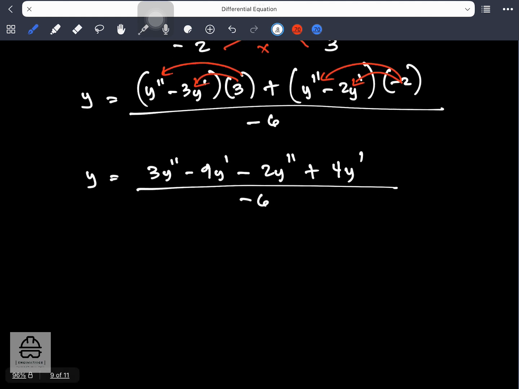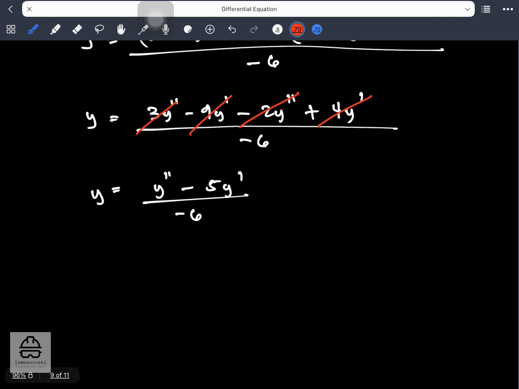Okay, so you have to combine the like terms. That would be this one, 3y double prime and negative 2y double prime. Okay, so that would be y double prime. Next is negative 9y prime and 4y prime. So that would be negative 5y prime. Okay, divided by negative 6.